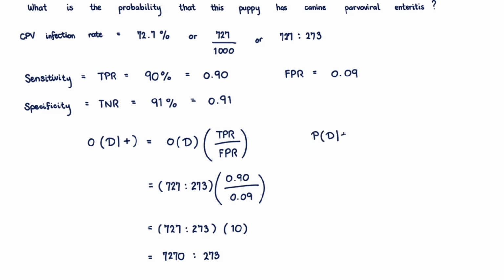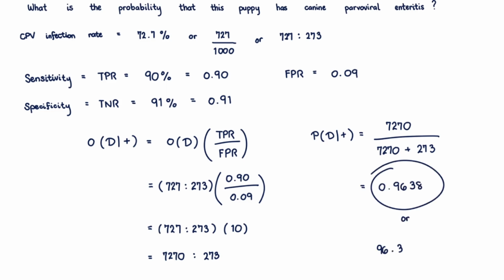Converting that to probability, we get 0.9638 or 96.38%. So the probability that this puppy has canine parvoviral enteritis is 96.38%. Yay! Wait, not yay. But you can be pretty sure of this diagnosis and proceed with treatment accordingly. Get well soon, puppy, in this example.